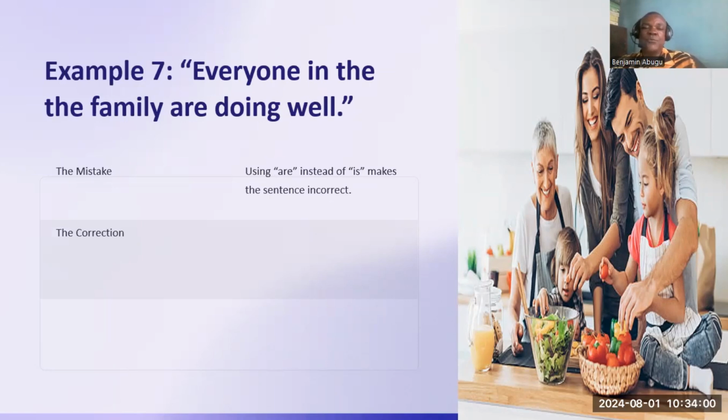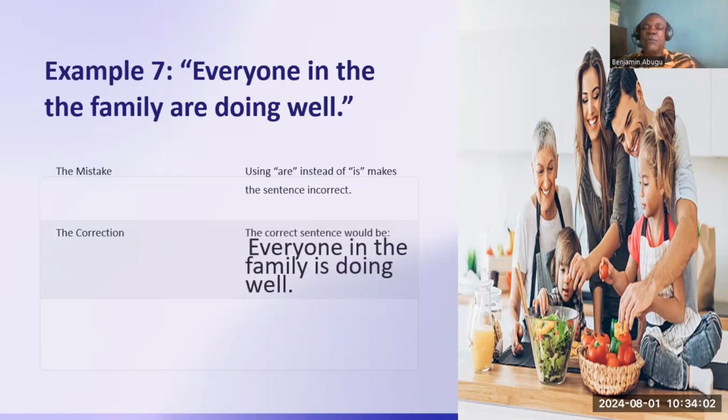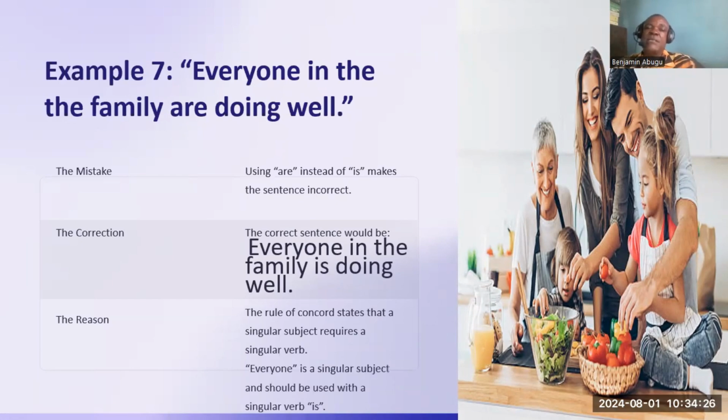The correct sentence would be, everyone in the family is doing well, because everyone is a singular subject, and the reason is simple. The rule of concord states that a singular subject requires a singular verb, and everyone in this sentence is a singular subject. Therefore, it should be used with a singular verb is. Everyone in the family is doing well.